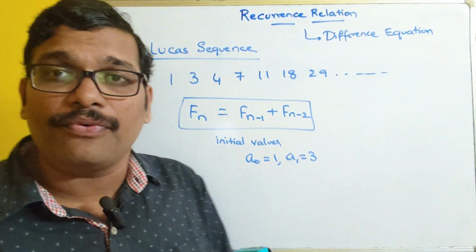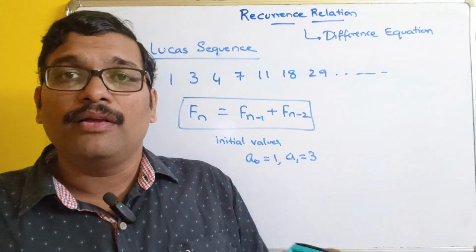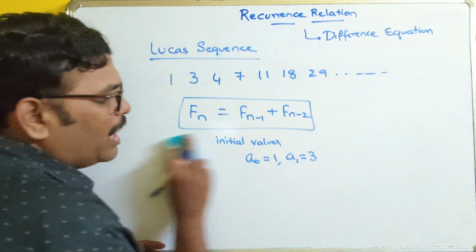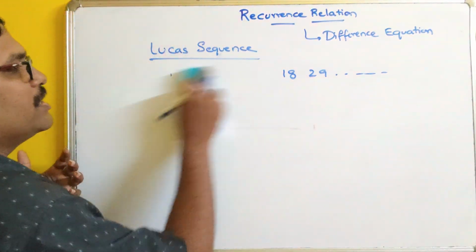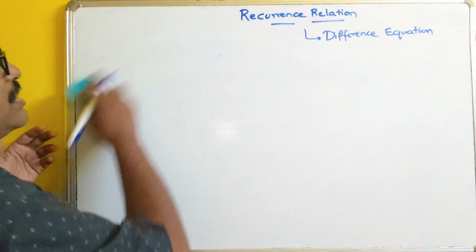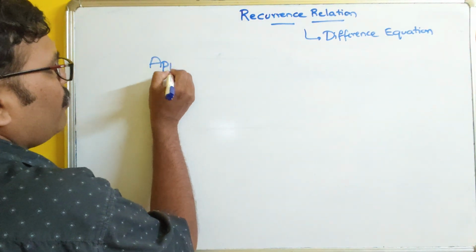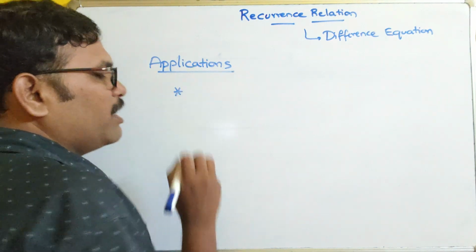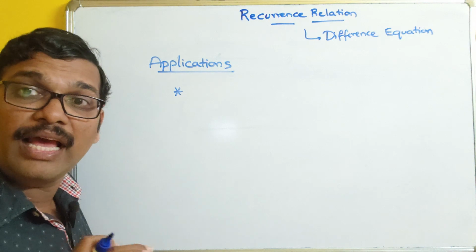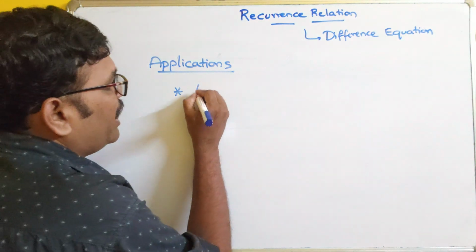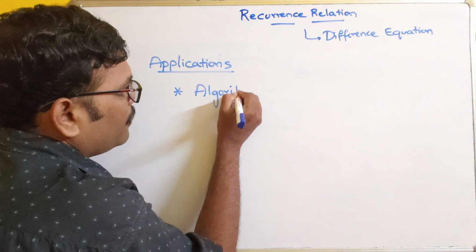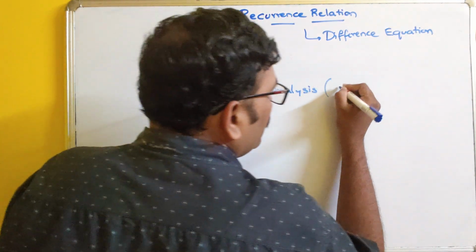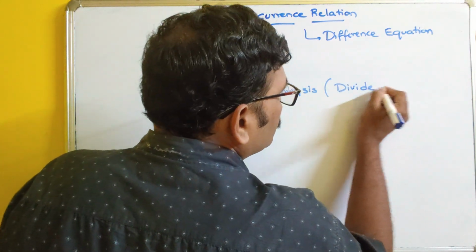Any kind of relation which finds the current term depending upon the previous terms is called a recurrence relation. Now what are the different applications where we can use this recurrence relation? The first one: we majorly use recurrence relations in algorithm analysis, particularly in divide and conquer algorithms.